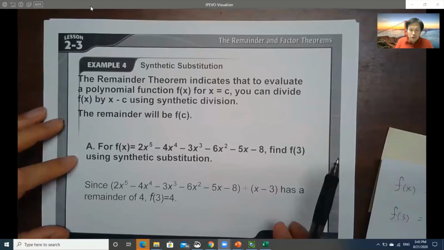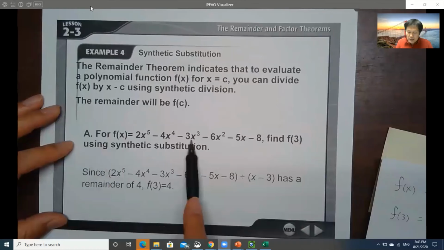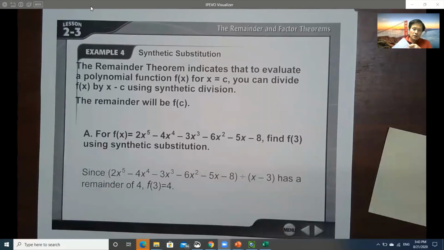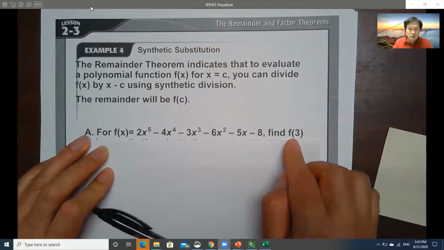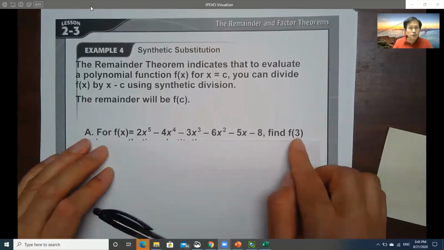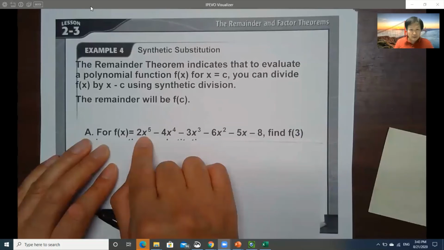So here, question is like this. For f of x equal to the following, find f of 3 using synthetic substitution. Okay, let's forget about synthetic substitution. If I ask you, for f of x equal to following, find f of 3. Isn't 3 value of x? So when I ask you, find f of 3, what are you supposed to do with 3? Plug it in for x.